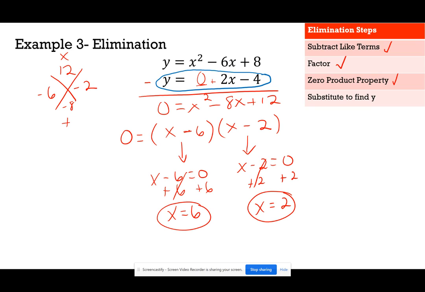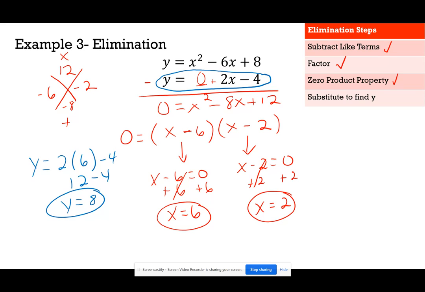So if I substitute 6 first, I say y equals 2 times 6 minus 4, the original, right? 2 times 6 is 12. 12 minus 4 gives me 8. Oops, sorry about that. That's a crazy 8. Let's try again. There you go.